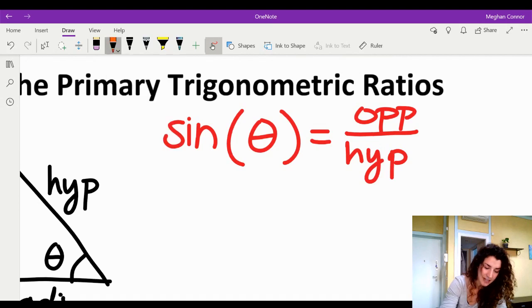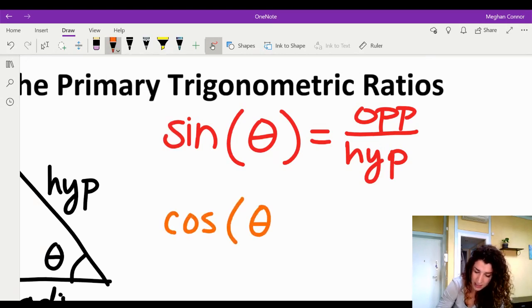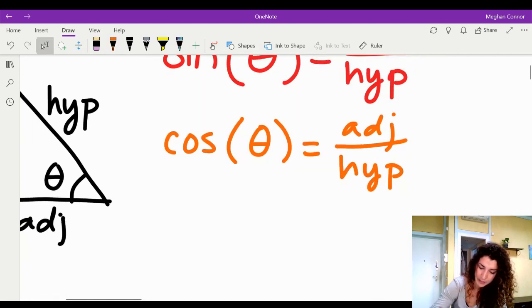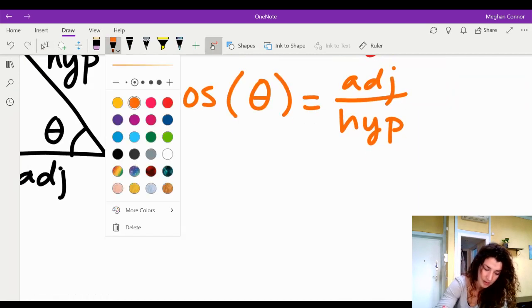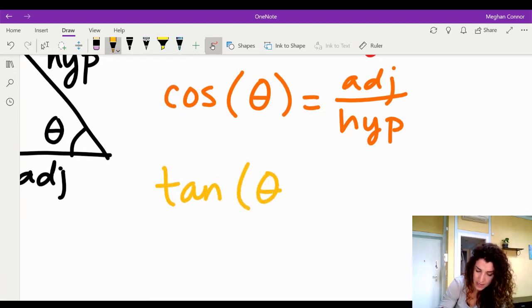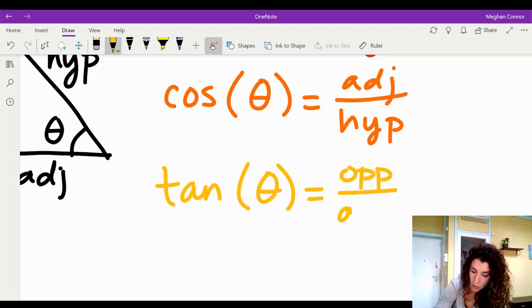We have a different one called cosine of theta. Cosine is the relationship of your adjacent side length over your hypotenuse. And our last one is tangent of theta. Tangent of theta is your opposite side length over your adjacent side length.